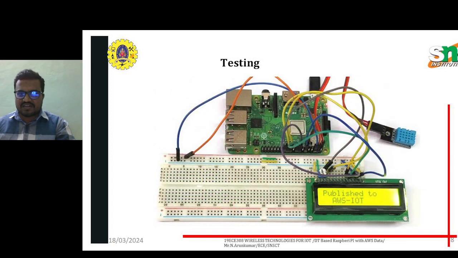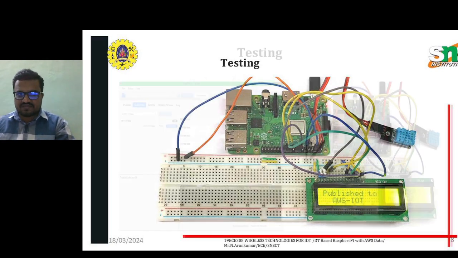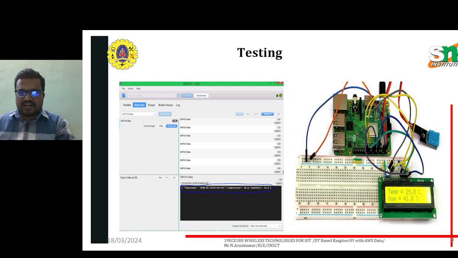Testing process. After initiating the information to the Raspberry Pi model, it shows the humidity, or based on the user's commands, it shows the publish to AWS IoT process. This has to be checked with the help of the code. The code is the main part, because there are many types of code: C, C++, Java or Python, based on the user's wish or applications.